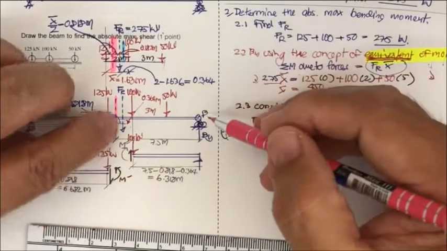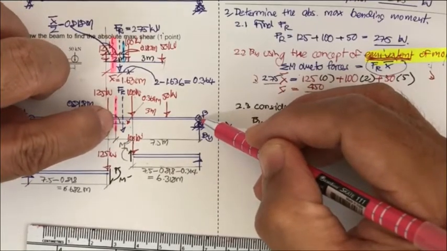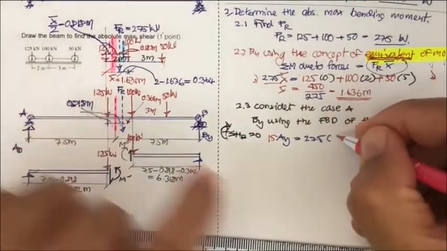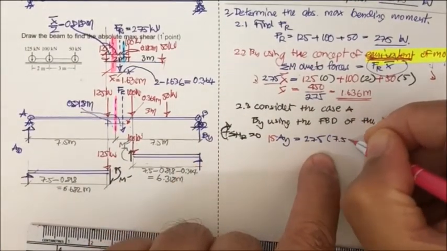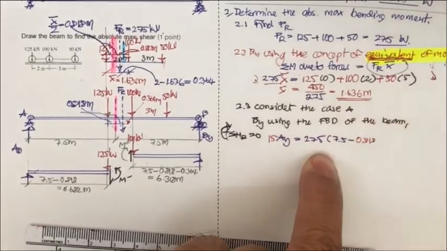Gonna times what? Gonna times this distance. This distance is going to be 7.5, and minus this, so it's going to be 7.5 minus 0.818.